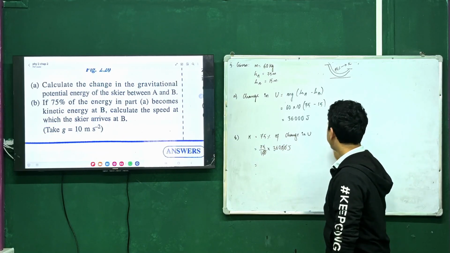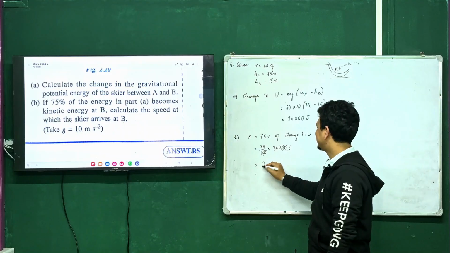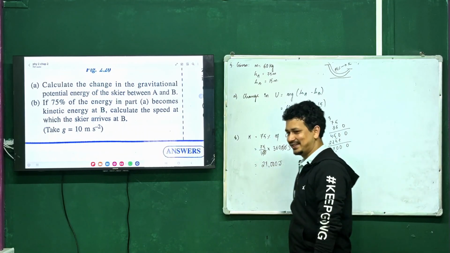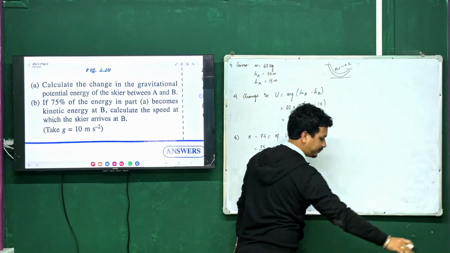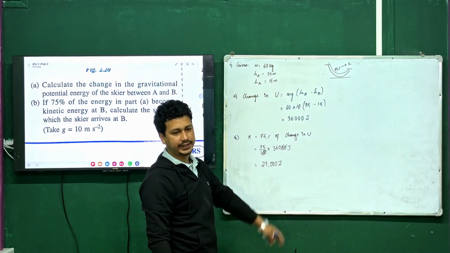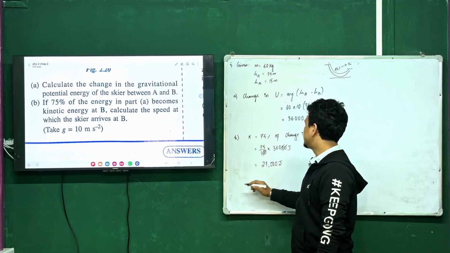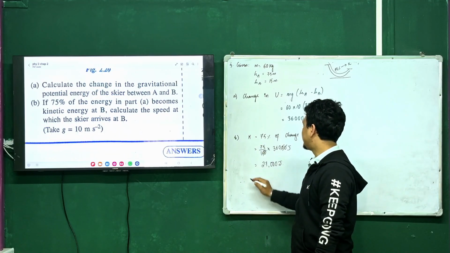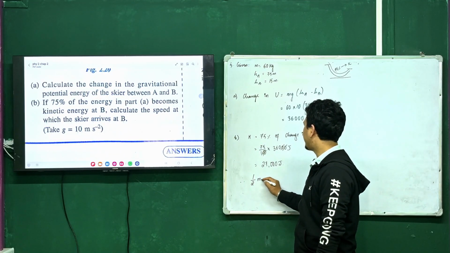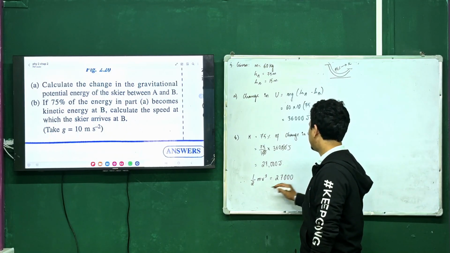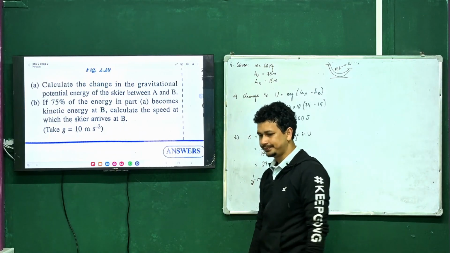Multiply this. So this is the kinetic energy with which it is going, but we need to calculate the speed. Now we can put the formula of kinetic energy. We know that kinetic energy is half m v squared. So that's going to be 2700. Please find v from this equation.